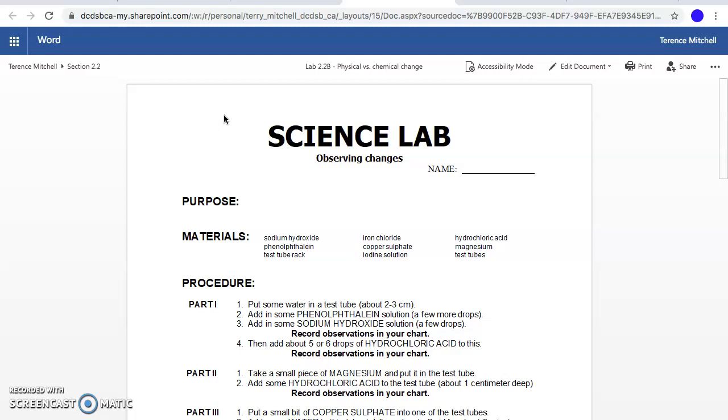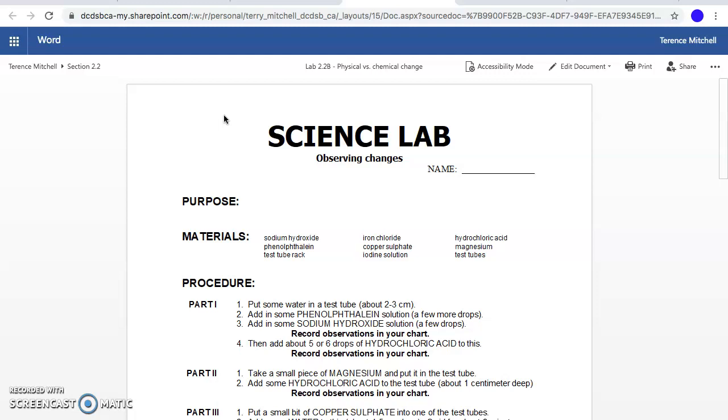And if we mix two liquids together and suddenly we have a solid, that's called a precipitate. And that's a chemical change as well. So these are the things that you're going to be looking for. You're going to look to see if a chemical change has taken place based on those look-fors and based on if you see something new. If you don't see evidence of a chemical change, then in all likelihood it's a physical change.